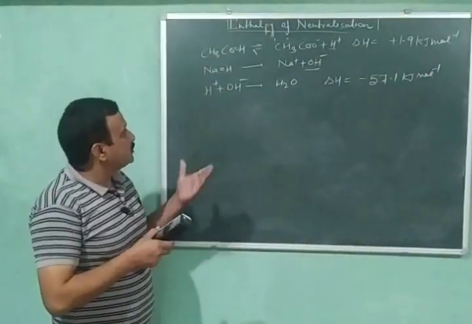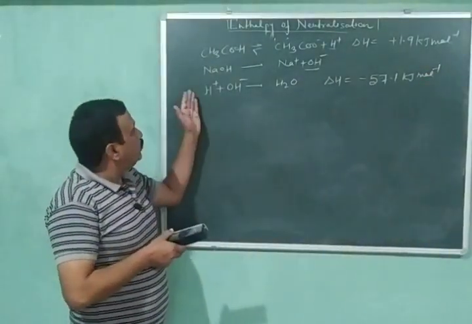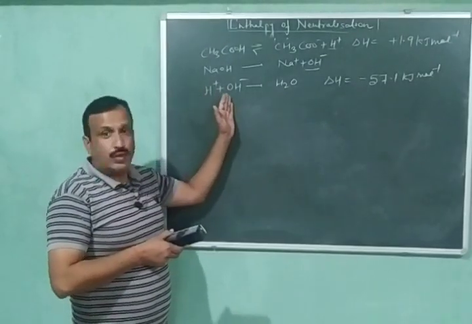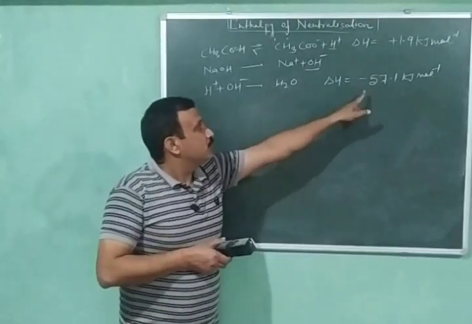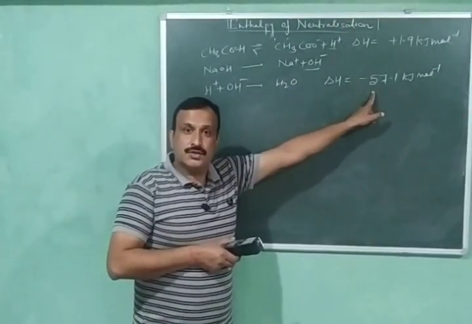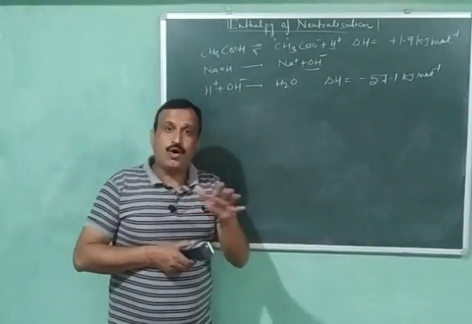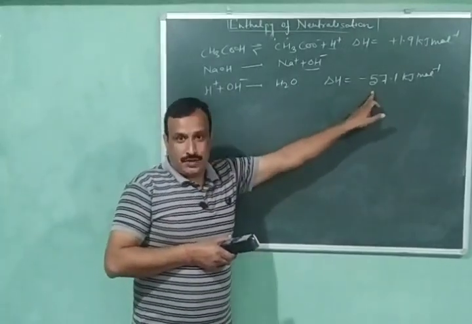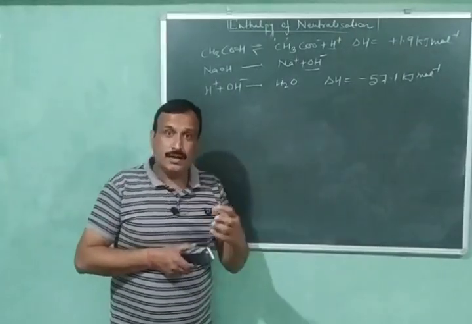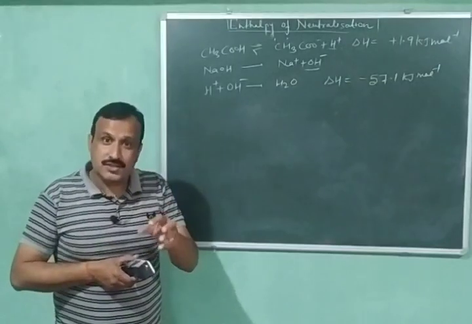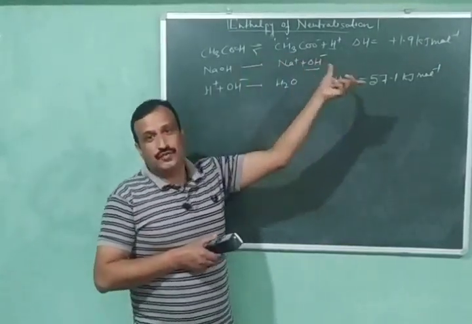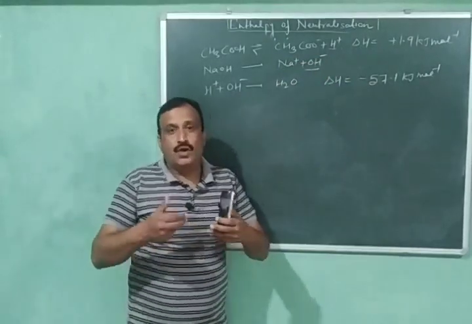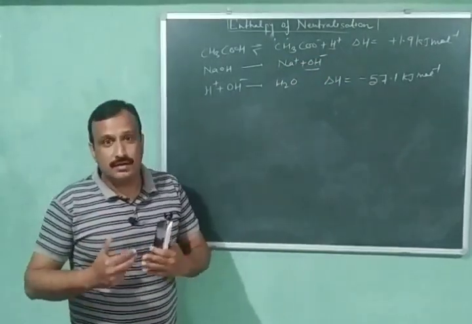As I have explained earlier, when 1 mole of H positive ion reacts with 1 mole of OH negative ion giving us 1 mole of water, this much amount of heat is released. But here we are not going to get this much heat. Why? Because here we have already invested some heat for the ionization of acetic acid. Then what will be the net heat released?